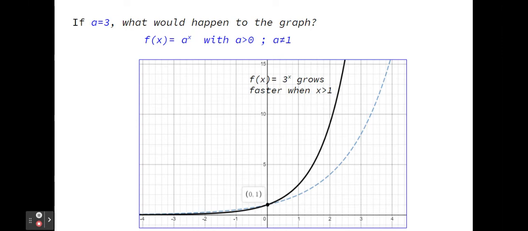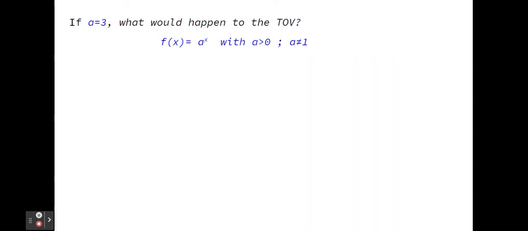And as x is positive, 3 to the power of x grows faster than 2 to the exponent x because the numbers are tripling. However, when x is negative, this function grows at a slower pace than f of x equals 2 to the power of x.